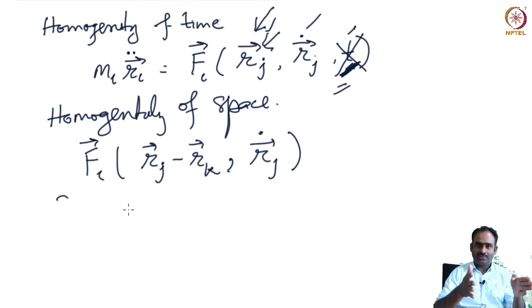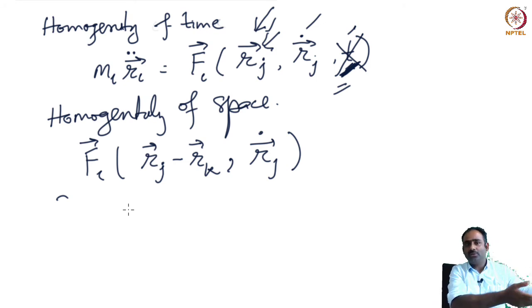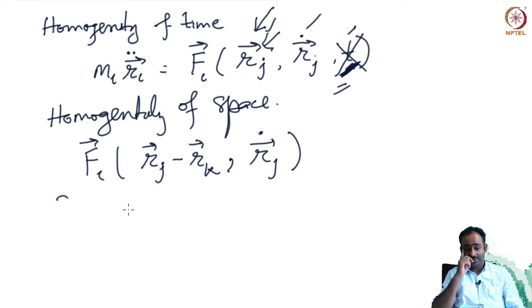If you are given an inertial frame, and you take another frame which is moving with a constant velocity with respect to this frame, then both the frames are inertial. Whatever physics you see in the first frame is exactly what you are going to see in the second frame. Physics will not change by moving from this inertial frame to another frame which is in a uniform motion with respect to the first one.